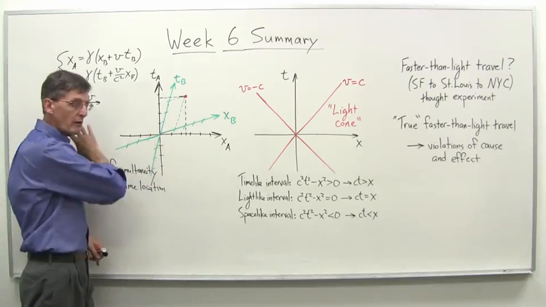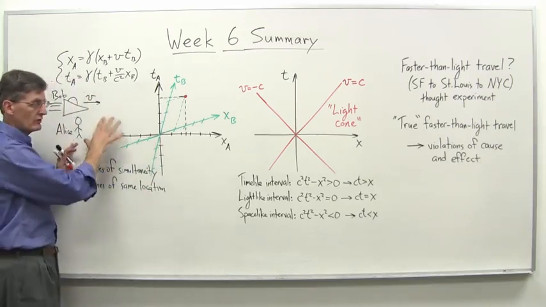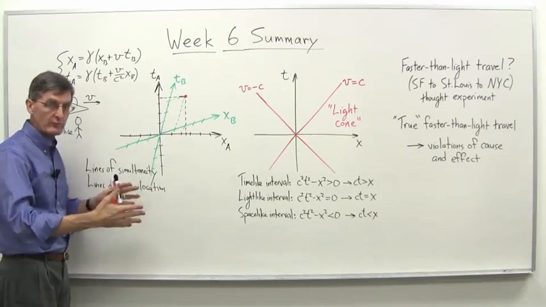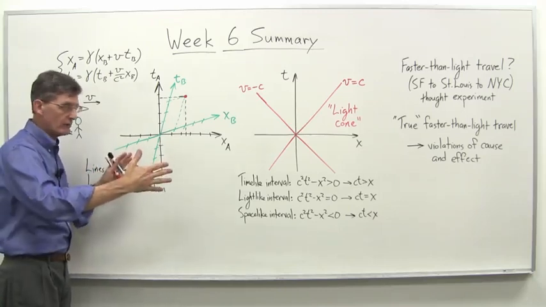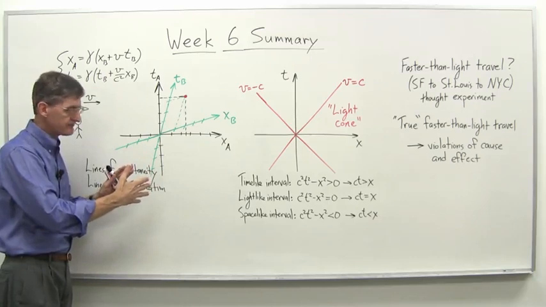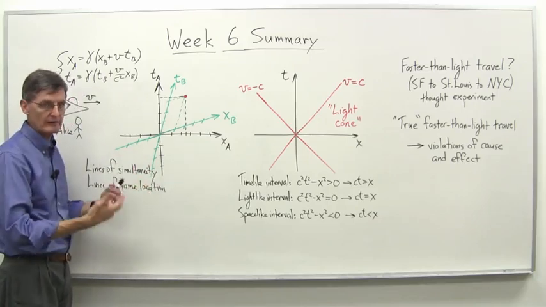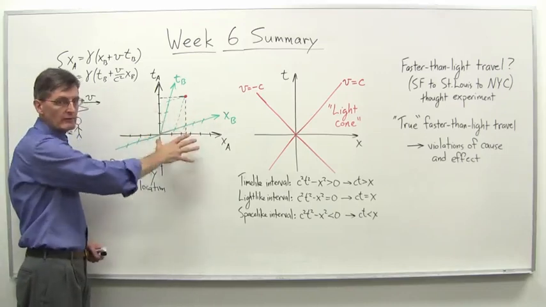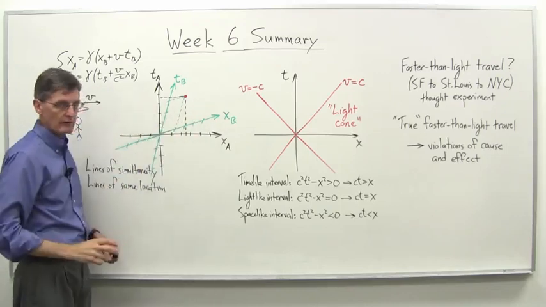As she observes Bob going by at some velocity v, she sees objects in his frame of reference contract their length versus their rest length in Bob's frame. So you can see both length contraction and time dilation if you look at the diagram carefully.